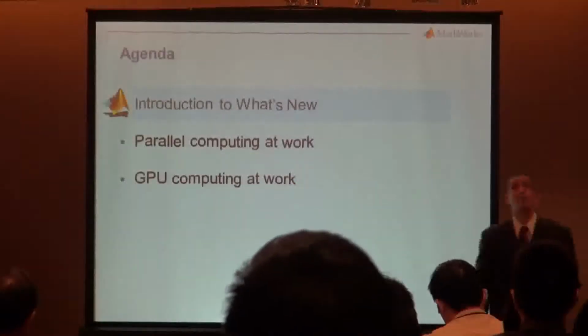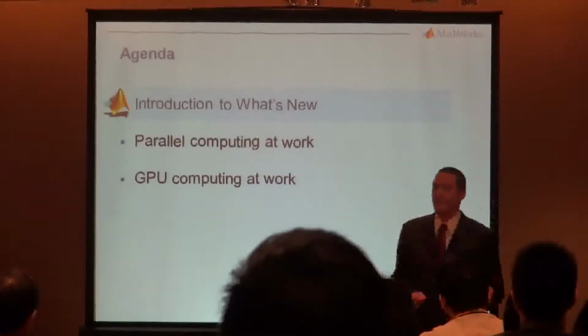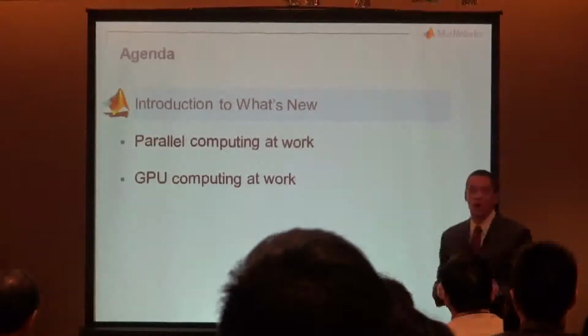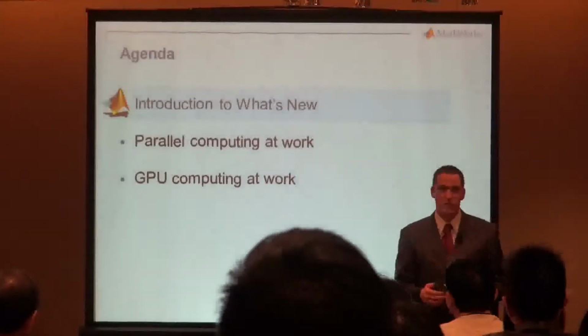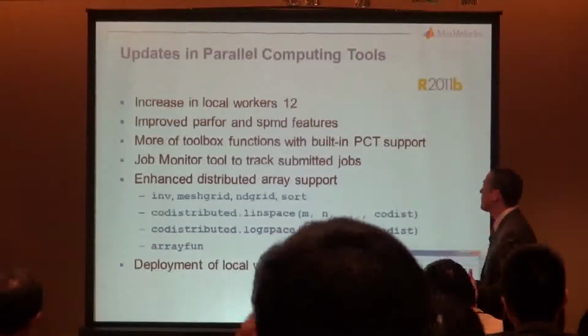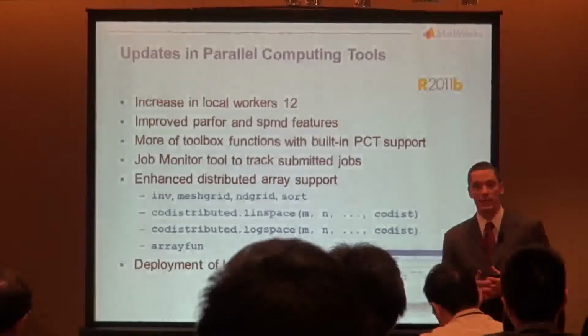So those that have been doing it, let's see what's new, and let's take some examples of what's possible with it. So updates for the Parallel Computing Toolbox as of 11B, the latest release.